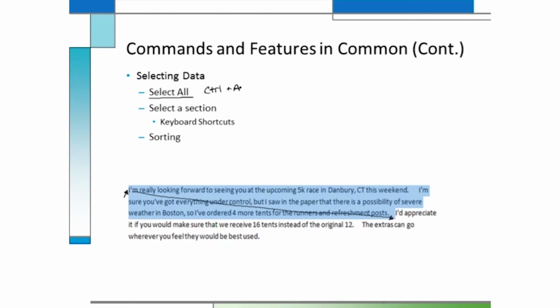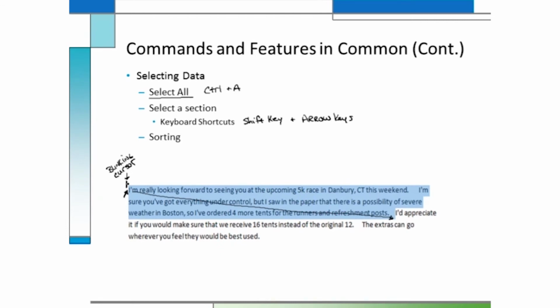Another way you could select a section is you could just click at the beginning, and you get that blinking cursor. At least that's what I'm trying to make it look like. I can't make my lines blink, but that's a blinking cursor, which is basically your edit point, right, where you're going to be starting to type. And then holding the Shift key down. So this is important. With the Shift key plus your arrow keys, you can then move your arrow keys up, down, left, or right.